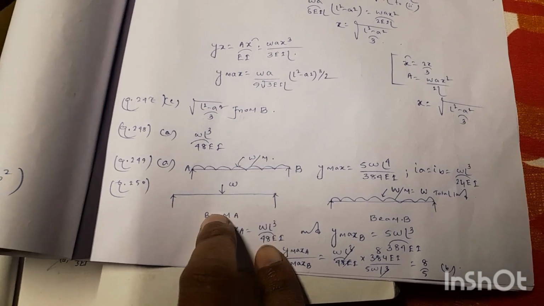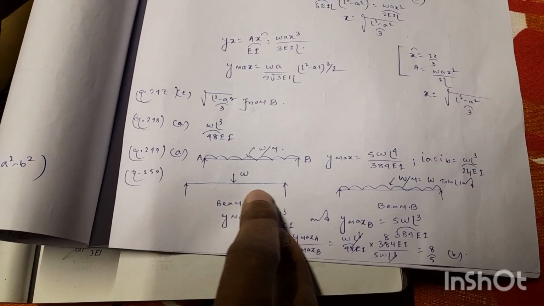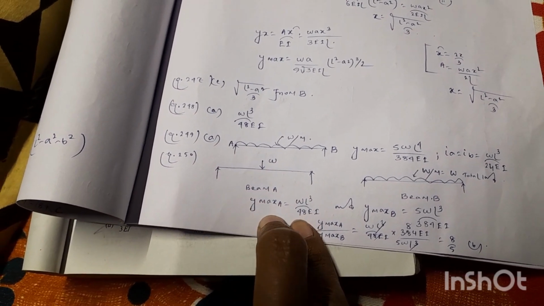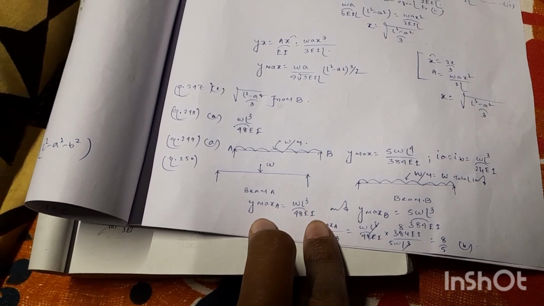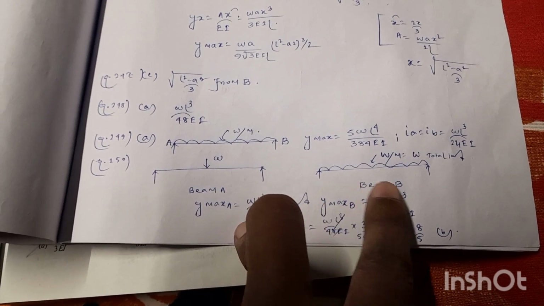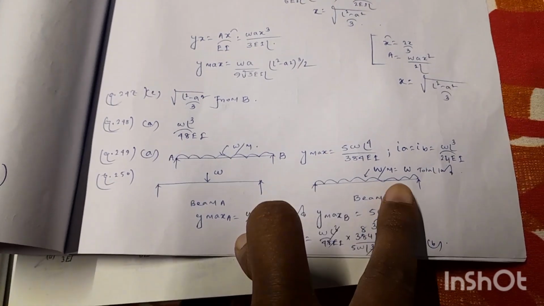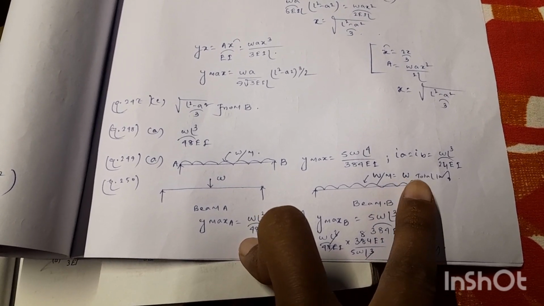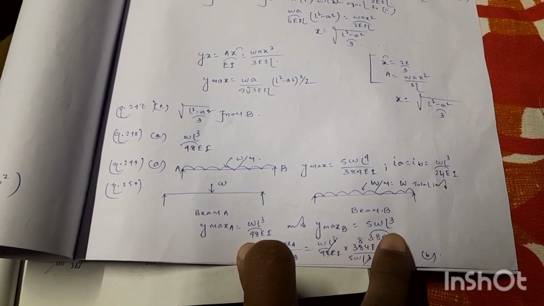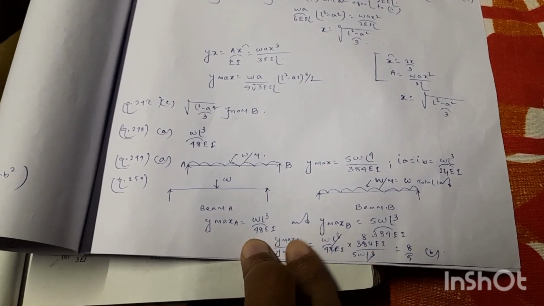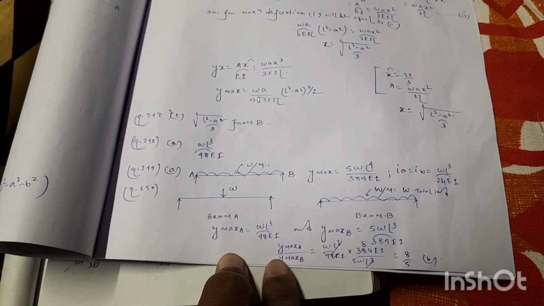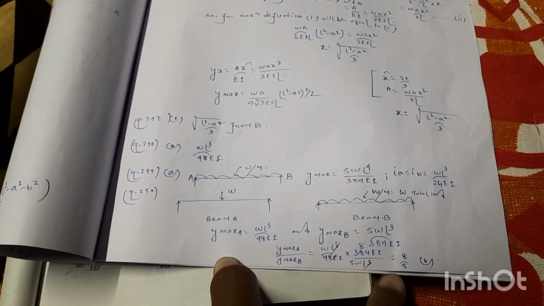In case 1, for beam A, the maximum deflection Y max will be W L cube divided by 48 E I. In the second case, for beam B, the uniformly distributed load is W per meter, which is also equal to total load W. The maximum deflection will also be at the center and it will be equal to 5 W L cube divided by 384 E I. If we take the ratio of deflection Y max A divided by Y max B, we will get the ratio 8 by 5.